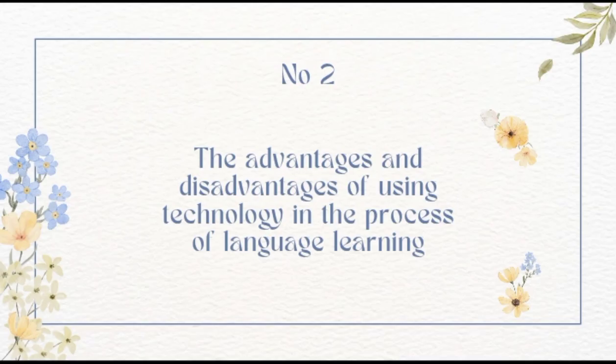The advantages and disadvantages of using technology in the process of language learning. First, the advantages. 1. Find answers instantly by searching online or asking AI. 2. The internet and AI are accessible 24/7 from almost anywhere. 3.